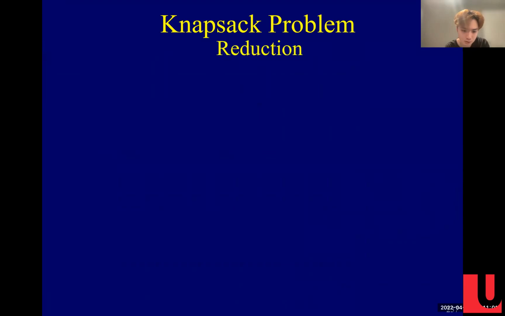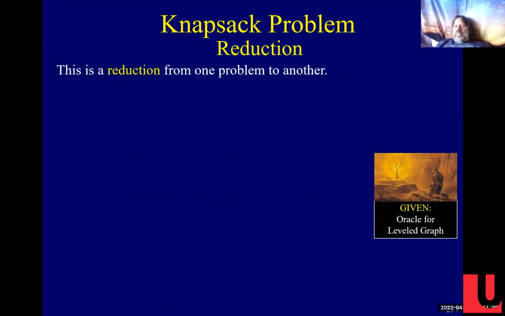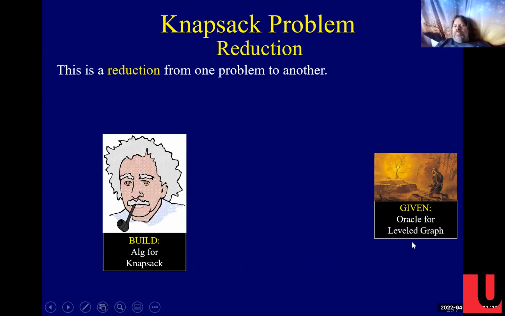Right, so now suppose that you are a person in industry that needs to know what to put in your knapsack. But you have an oracle that can solve the shortest path problem. So you say, I need to solve the knapsack problem. The world is going to give me an input to the knapsack problem: the volume of the knapsack and what my objects are.